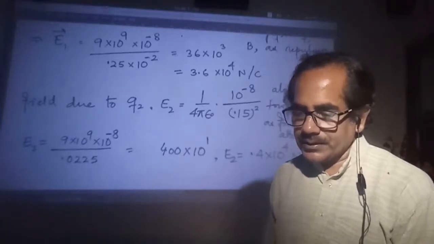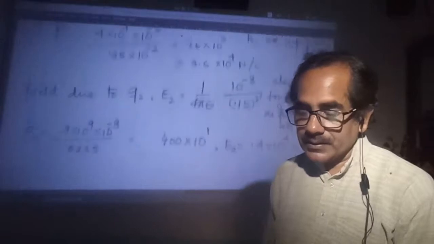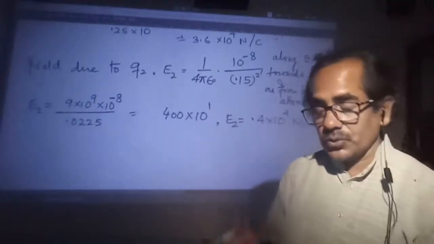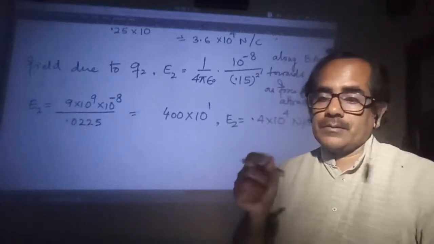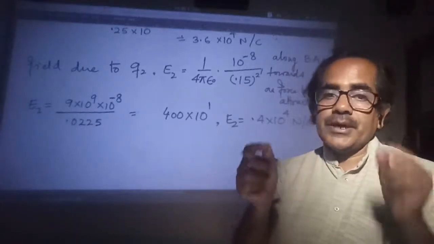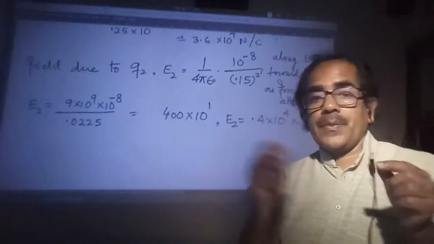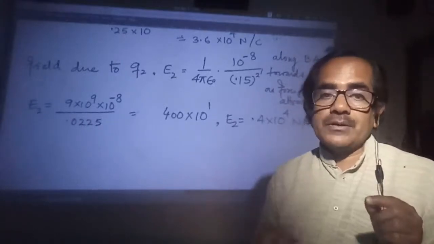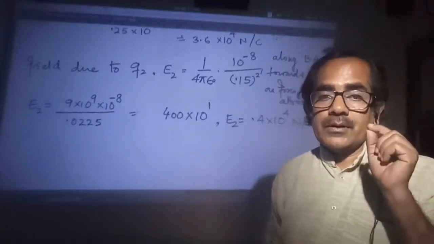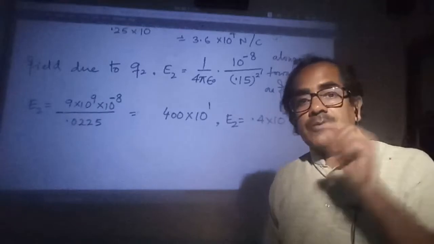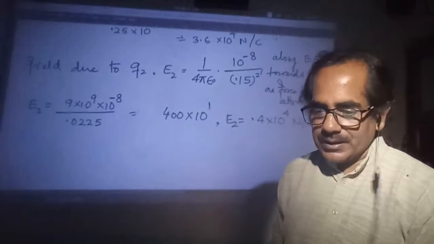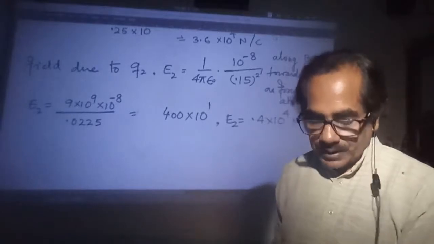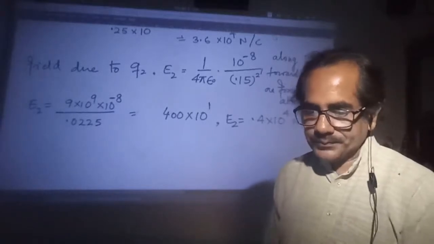So finally it is observed that point B is closer to Q1 than Q2, so the influence of the field of Q1 will be dominant. And here also you are seeing that this force is more.